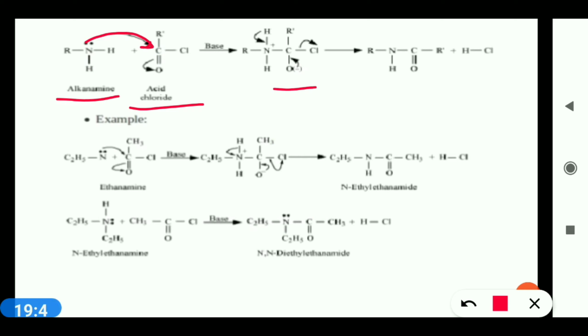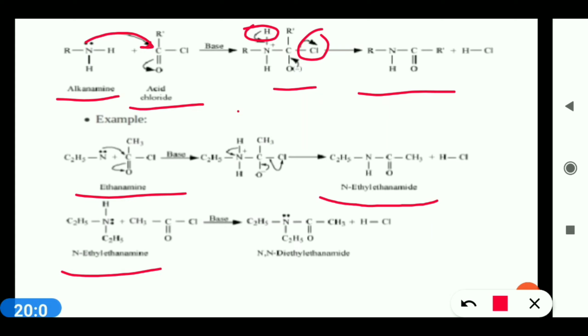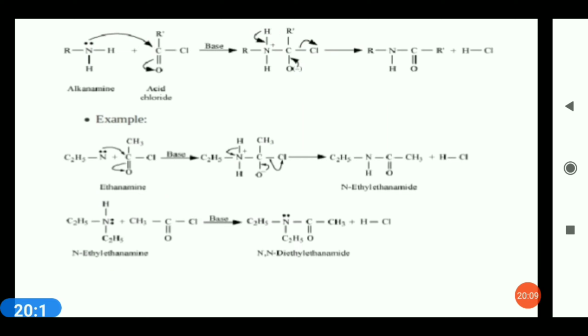So there is a removal of HCl and the formation of NHCOR takes place. For example, ethanamine will give rise to N-ethyl ethanamide. N-ethyl ethanamine gives N,N-diethyl ethanamide. So ethanamides are the product of the acylation.